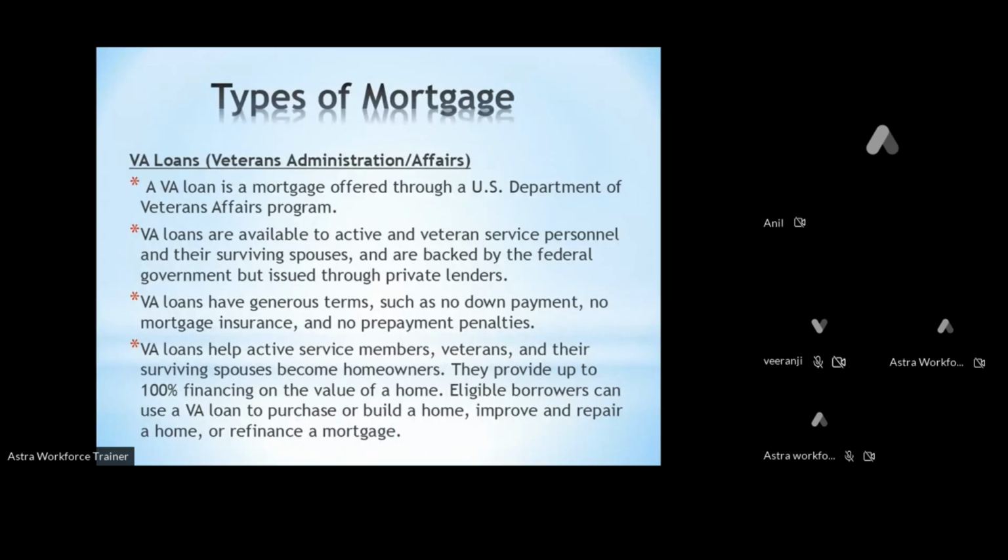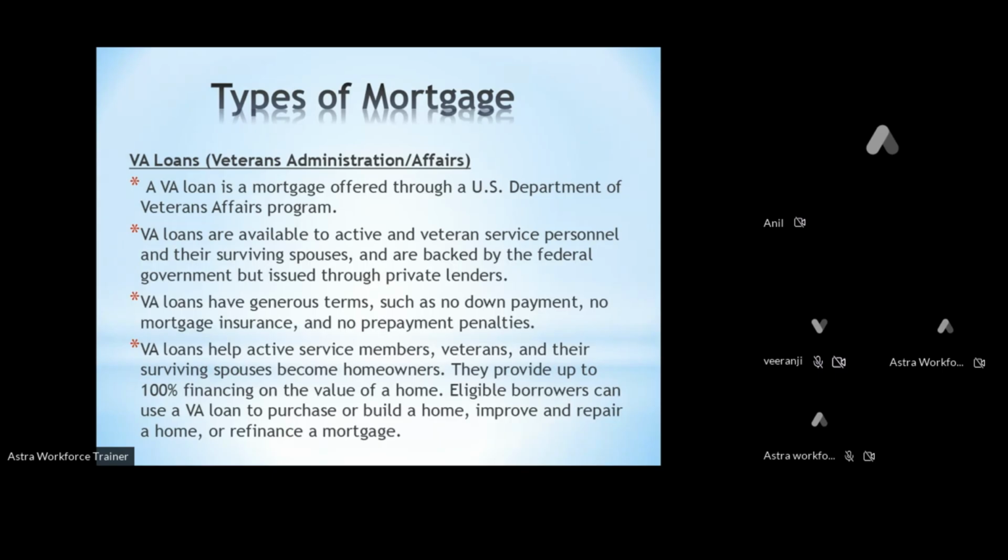A Veterans Administration loan is a mortgage offered through the US Department of Veterans Affairs program. Veterans Administration loans are available to active and veteran service personnel and their surviving spouses and are backed by the federal government, but issued through private lenders.